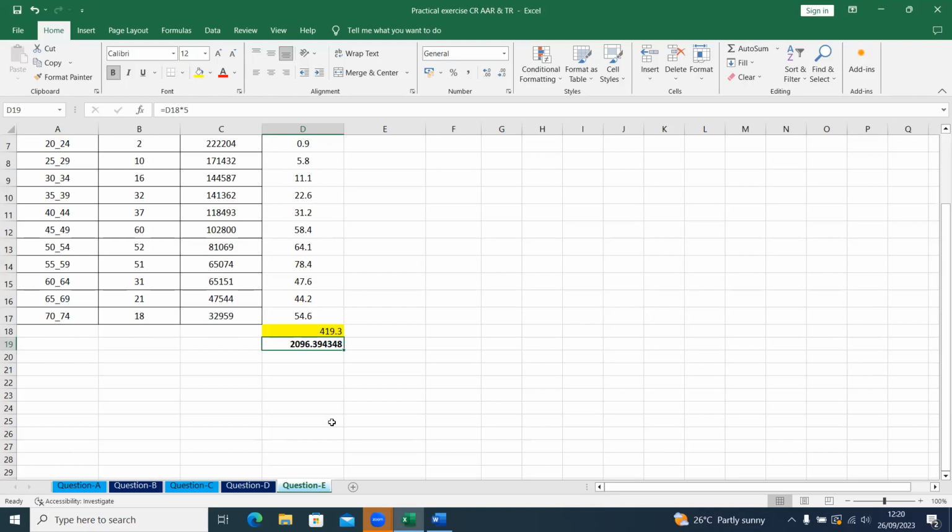Okay. Now, what is the next step? To calculate cumulative rate, we have to divide this answer by 100,000.